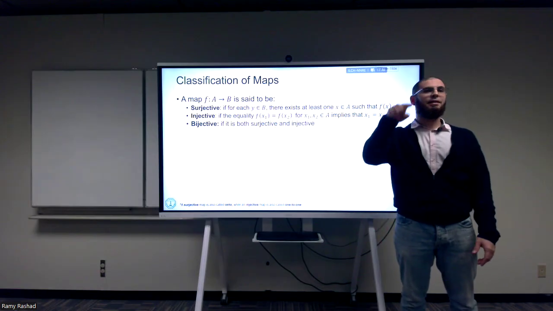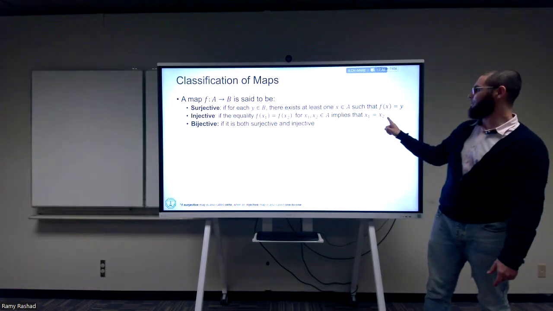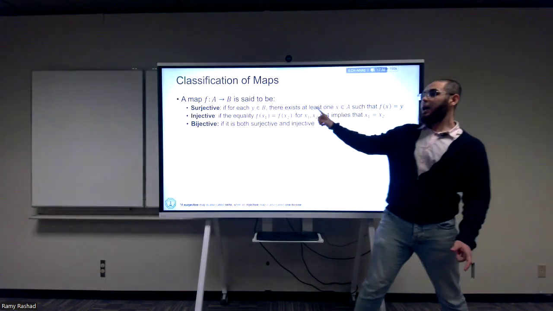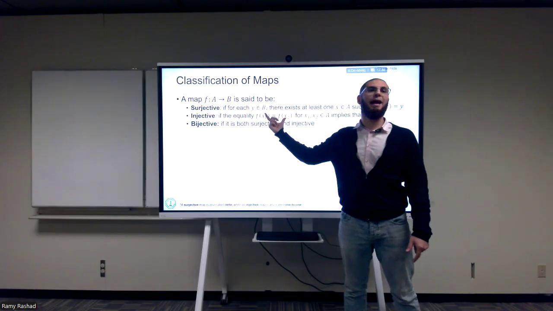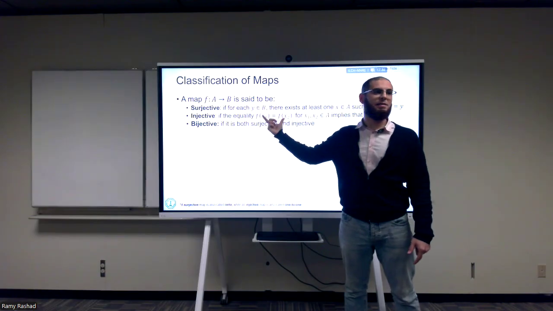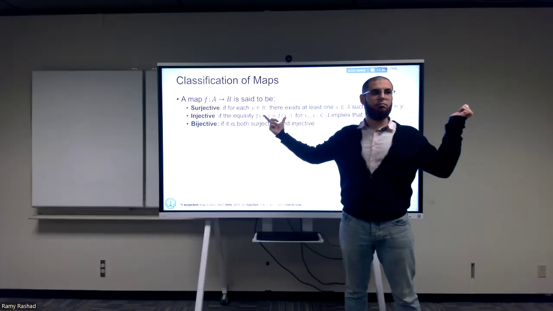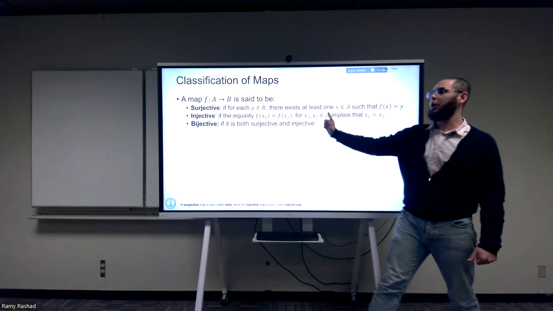For each element in X, you have only one element in Y. Take a look at this definition. If I go to B and I find myself reaching the same element, what does this mean? It means I came from the same element in A. This is exactly what this line says.